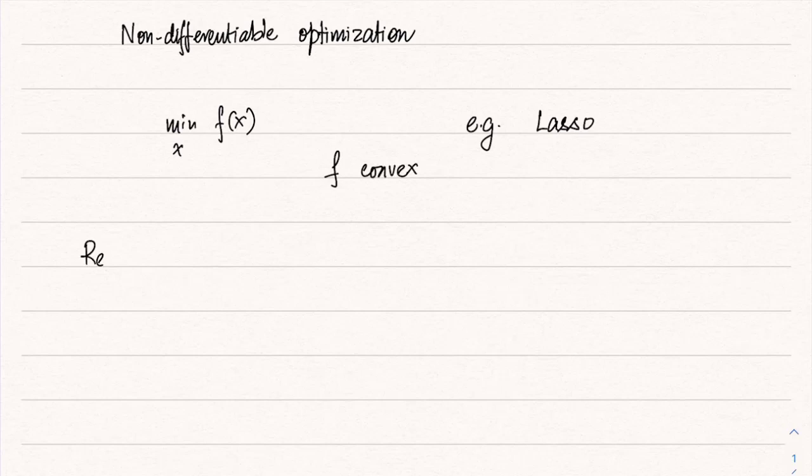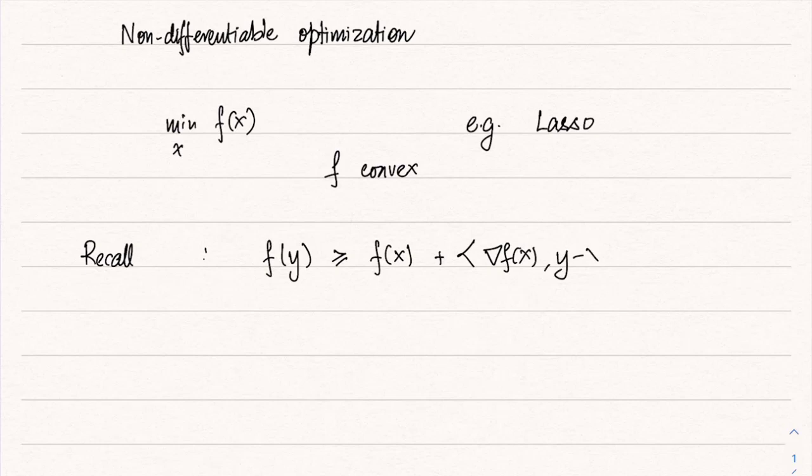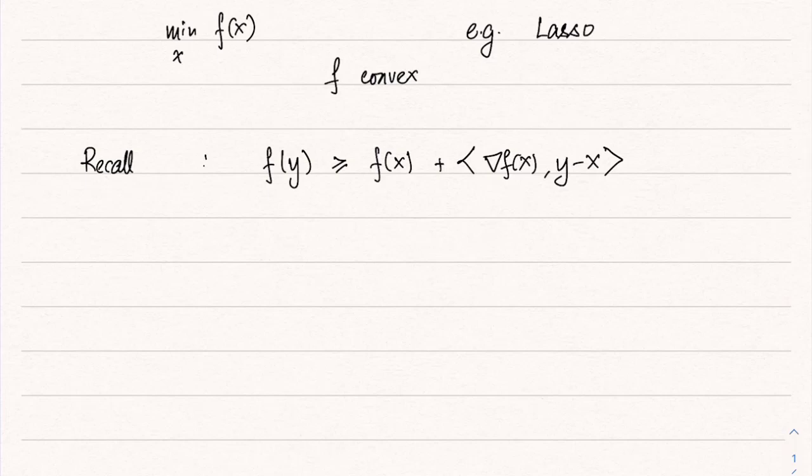Now recall that f is convex means that it satisfies the first order condition. So f of y is greater than or equal to f of x plus the inner product of gradient f of x with y minus x. The subgradient is the generalization of the gradient.